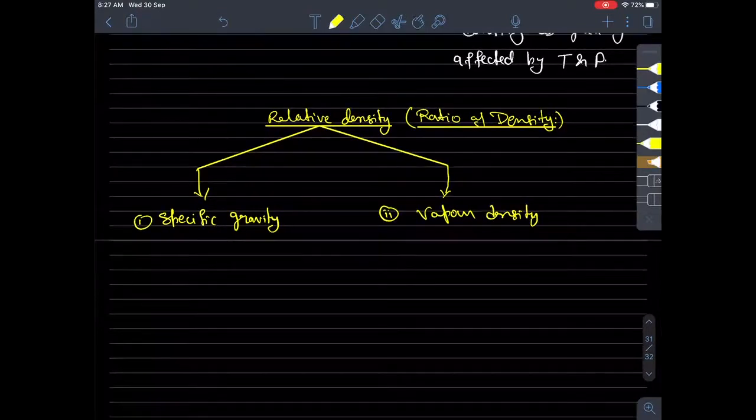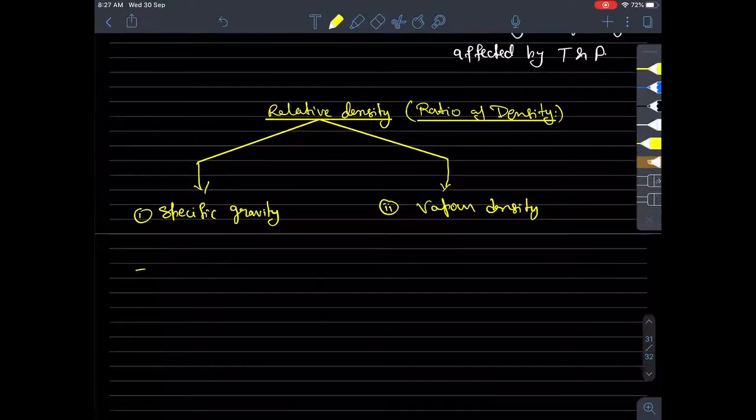So specific gravity of anything is the ratio of the density of the substance to the density of water at 4 degrees.